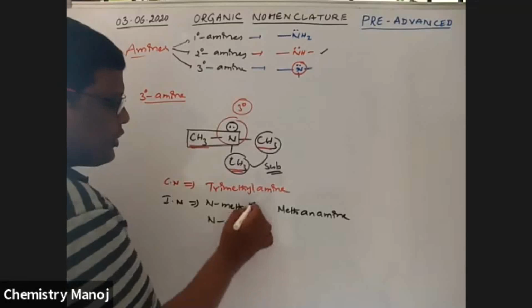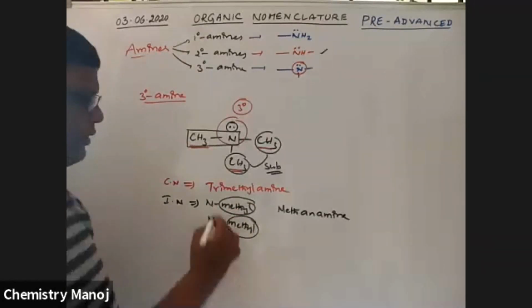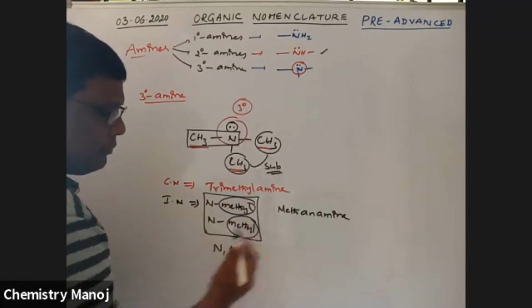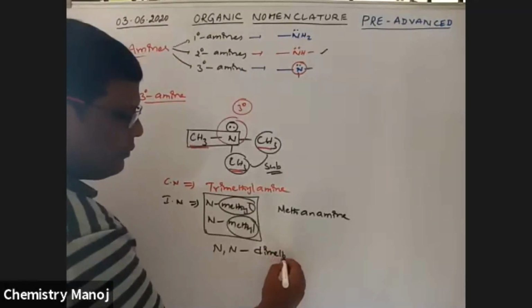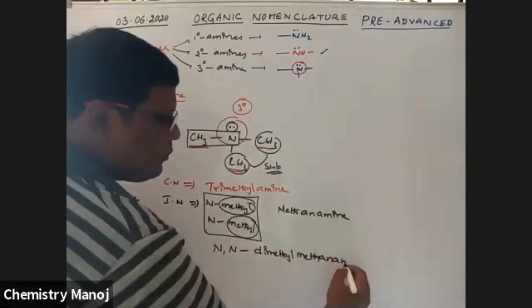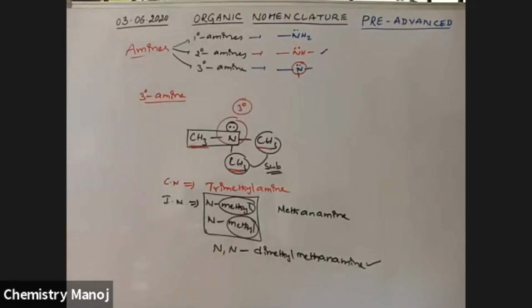Since methyl is repeated two times, it is taken as N,N-dimethyl methanamine. N,N-dimethyl methanamine is the IUPAC name of this compound.